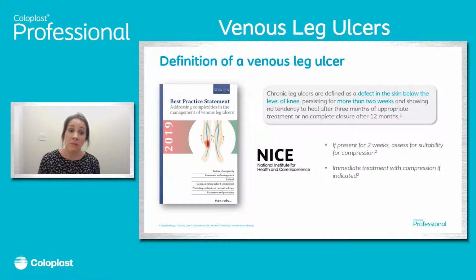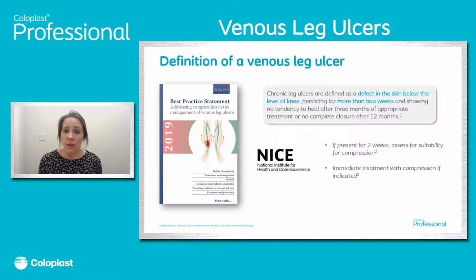So you'll find that statement in the best practice statement, which was released by Wounds UK in 2019. If you want to go and have a look for any further information, that's a really good place to start.